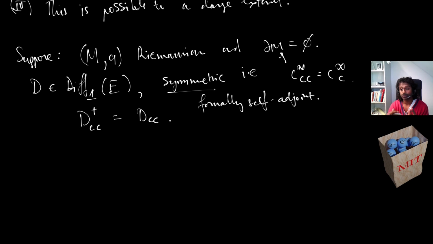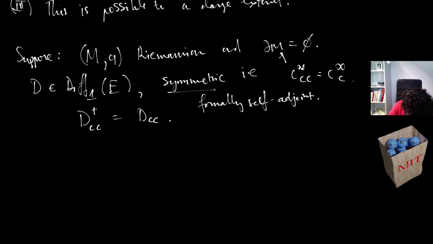Symmetric in general, if you're given an operator D, means that on the domain of that operator, the symmetry relation holds. So formally self-adjoint is particular language in geometry when we talk about compactly supported smooth sections as being the domain of the operator. Okay.